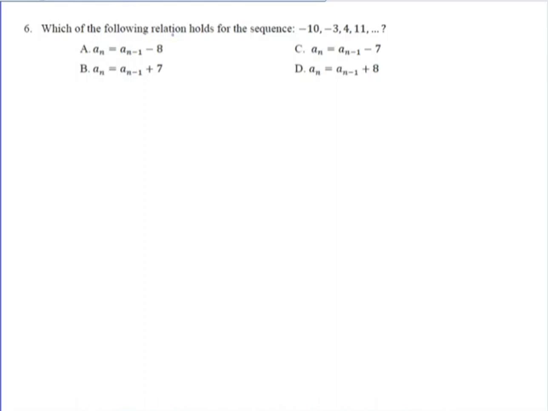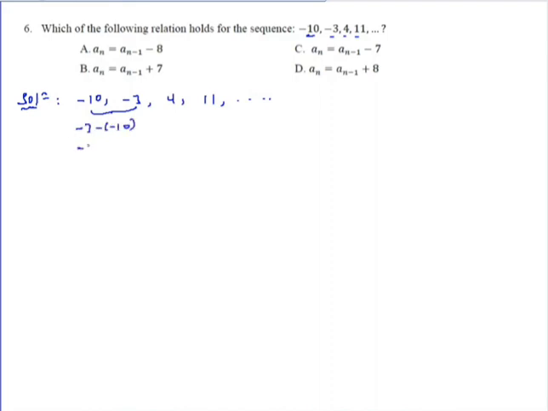Which of the following relations holds for the sequence minus 10, minus 3, 4, 11, and so on? So let's see the patterns of the terms. The first term is minus 10, the second term is minus 3, then 4, then 11, and so on. So what is the difference between minus 3 and minus 10?